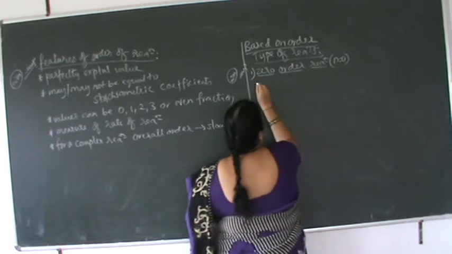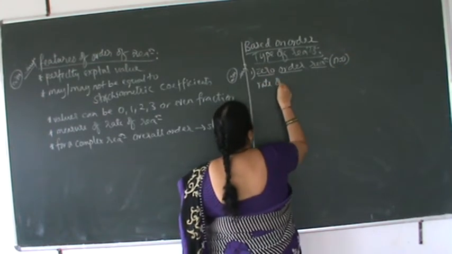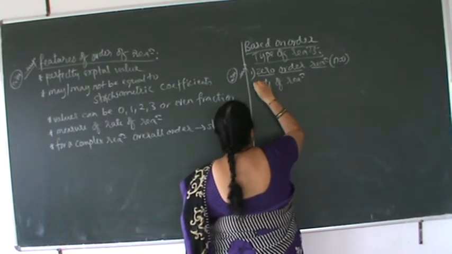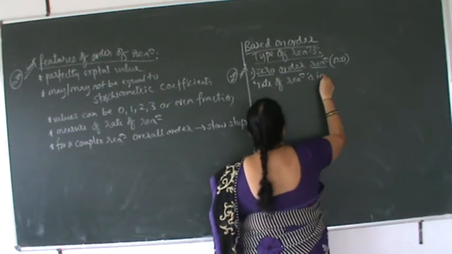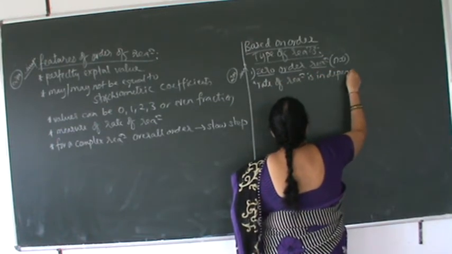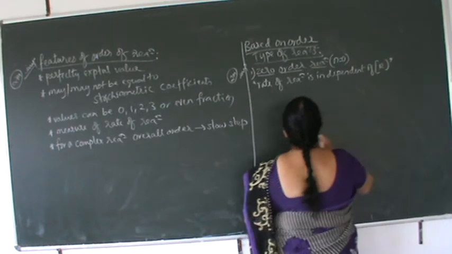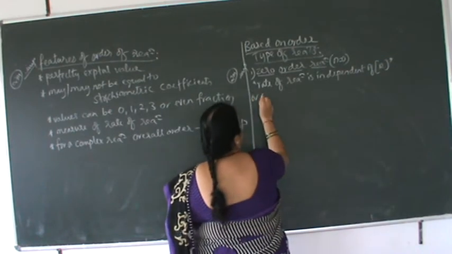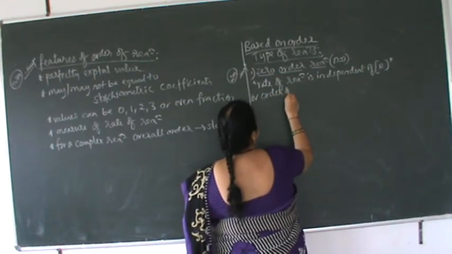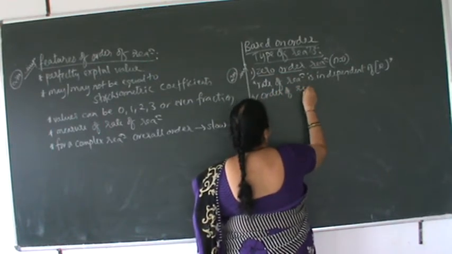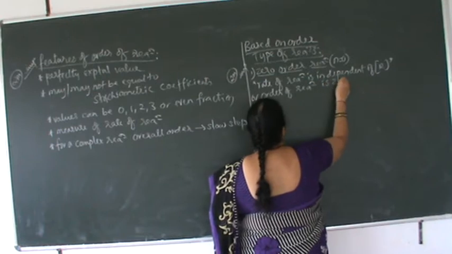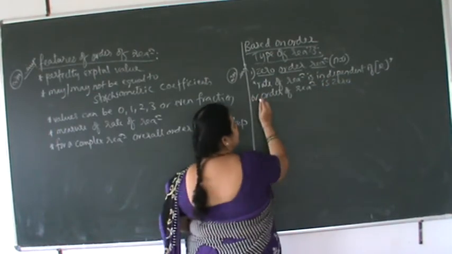That is, rate of the reaction is independent of concentration of reactants. This is one definition. Or order of the reaction is 0. This is the second definition.